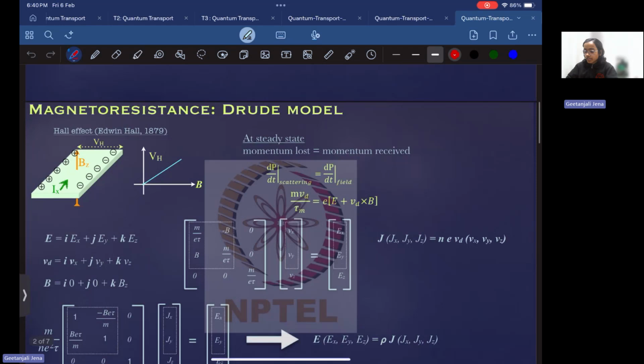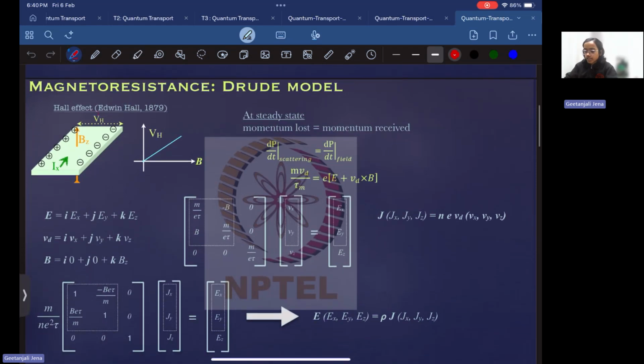So if you look at this diagram, this is the schematic of a Hall effect sample. The current is flowing in this direction because of the applied voltage. Now we are applying a magnetic field in the transverse direction, that is in the Z direction.